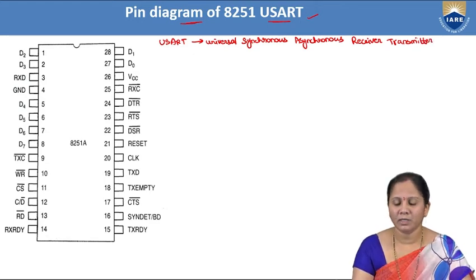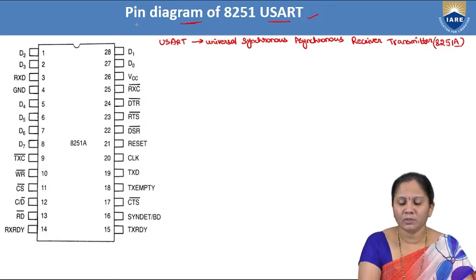In order to perform this operation, it is available in the form of an IC, and the IC number is 8251A, where A represents the version of this 8251 IC.